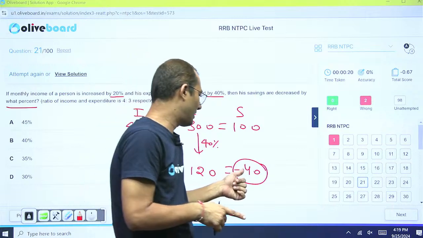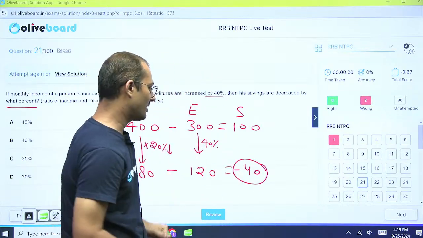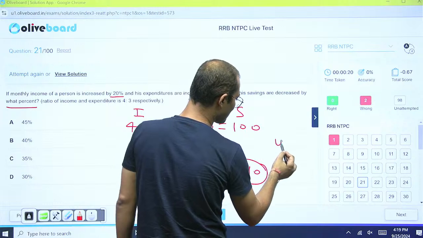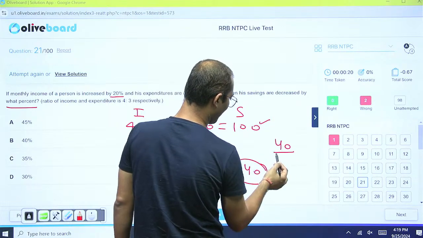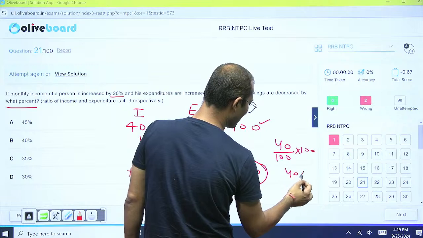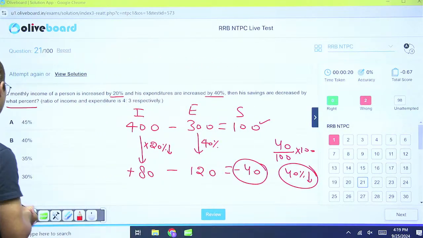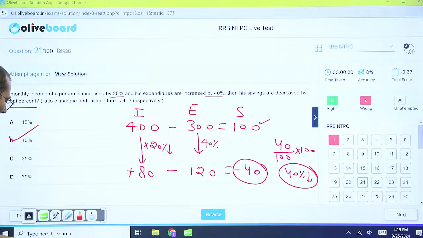It means my saving is going down by 40 rupees, right? So there is a decrease in saving by 40 over 100, right? So this would be a 40% decrease in saving, right? So saving would be decreased by 40%. So 40% is the right answer.